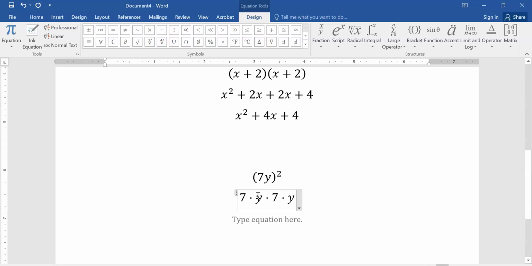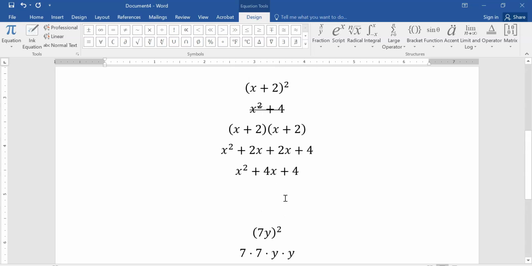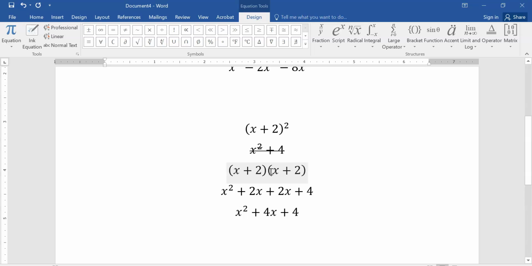Because all of these operations are multiplication, I can use the associativity and commutativity to swap the order of all these multiplications. So I can take this 7 and put it up here. So obviously 7 times 7 is 49, and y times y is y squared. We cannot do that over here because we have two different types of operations going on.